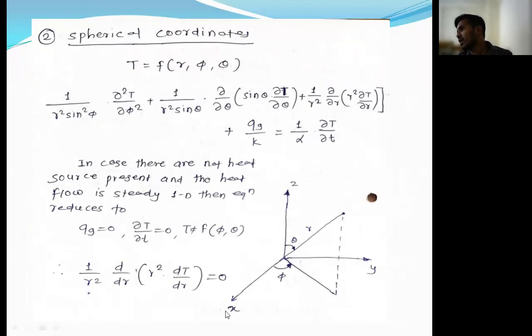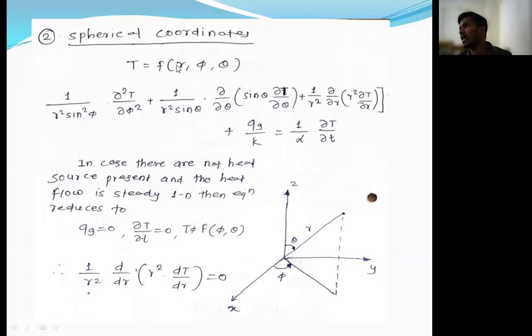We have drawn the x, y, z axes here. For this sphere, there is one radius, then the phi angle and the theta angle. By using these 3 parameters we explain the spherical coordinate system, and we have written the general heat conduction equation in the spherical coordinate system.